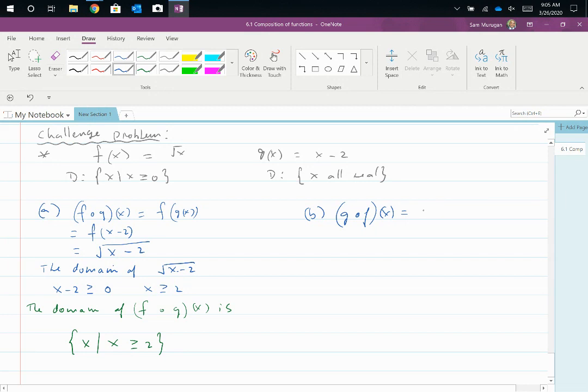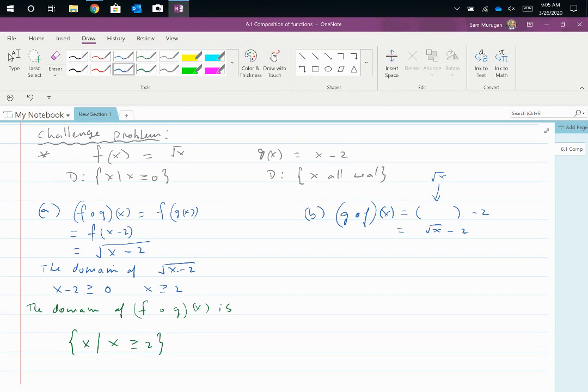In place of x, we're putting the square root of x. So the resulting function is the square root of x minus 2. So now we have to consider the domain here.